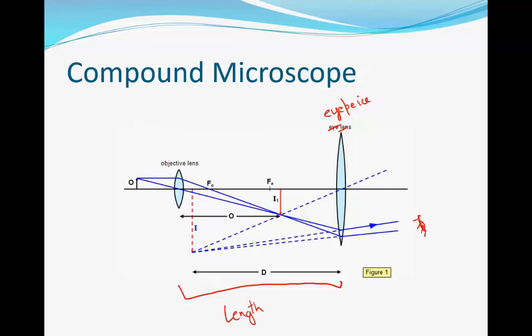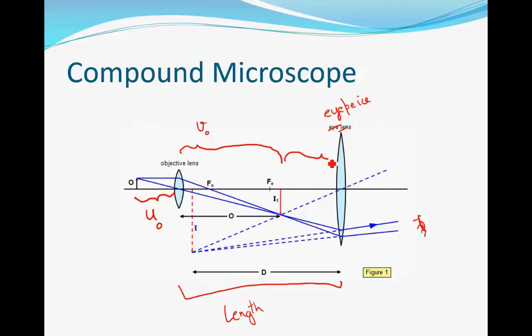Let's label a few things here. By the way, every labeling I'm doing is a purely positive quantity, and in the equations we'll take that with sign. So this distance is what I'm calling UO, U of the objective. In the equation we'll take minus UO. This is called VO, or the position of the image for the objective.